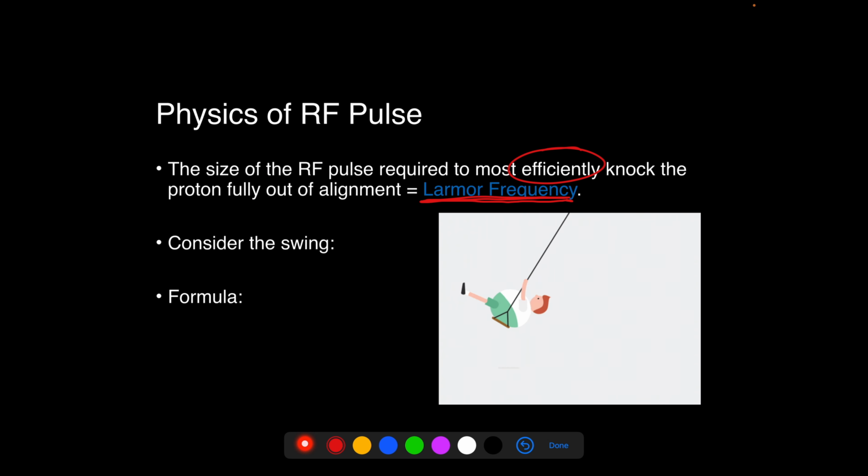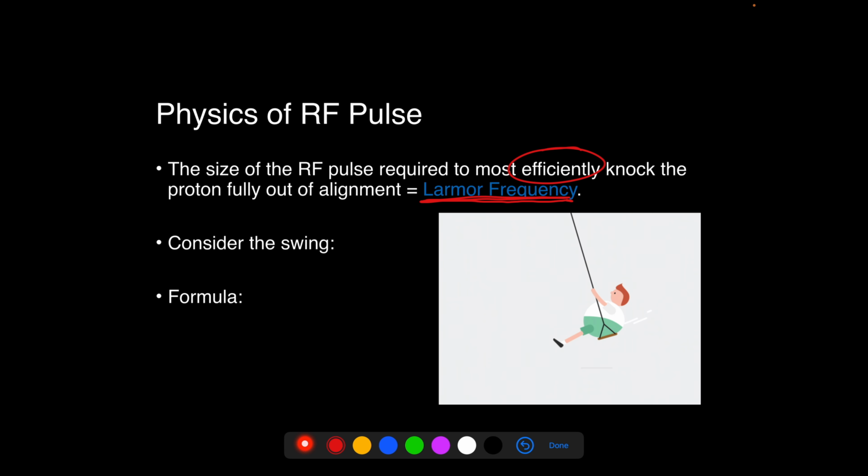A good way to think about the Larmor frequency is a person on a swing. If you push them at random times with random strengths, nothing much is going to happen because they might be pushing against you, or you might not be pushing hard enough. But if you push in sync with the swing, you transfer energy very efficiently and they will swing higher.